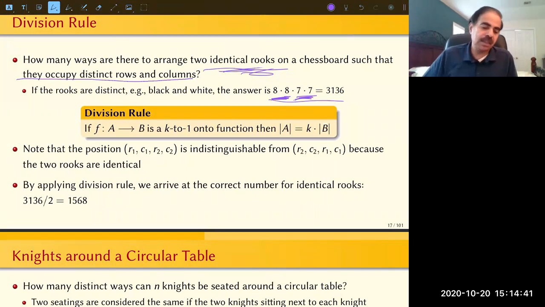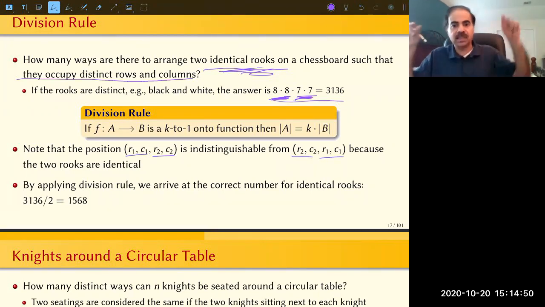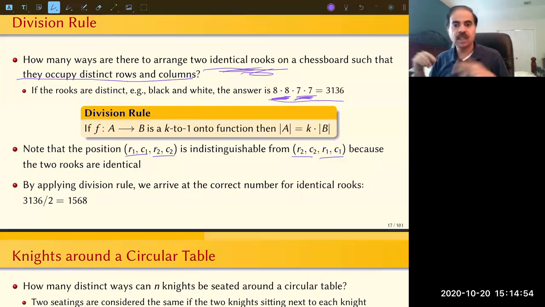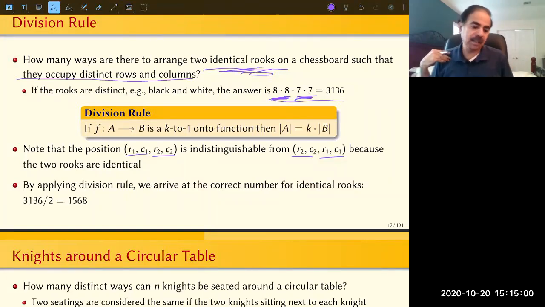So this position and this position will be indistinguishable, because all you have done is take 2 identical rooks and switch their positions. And because they're identical, you can't tell that any such switching has taken place.